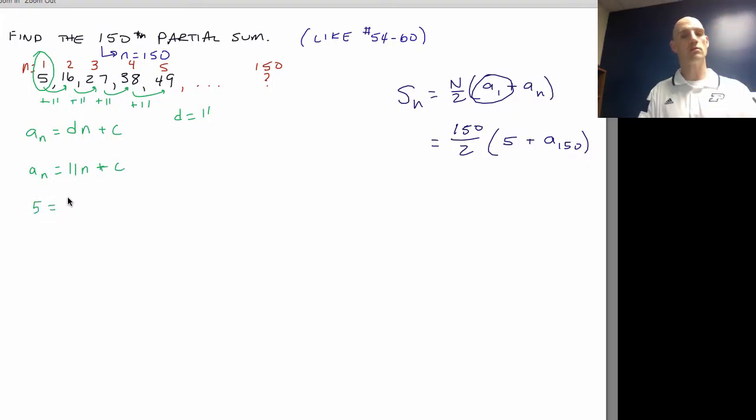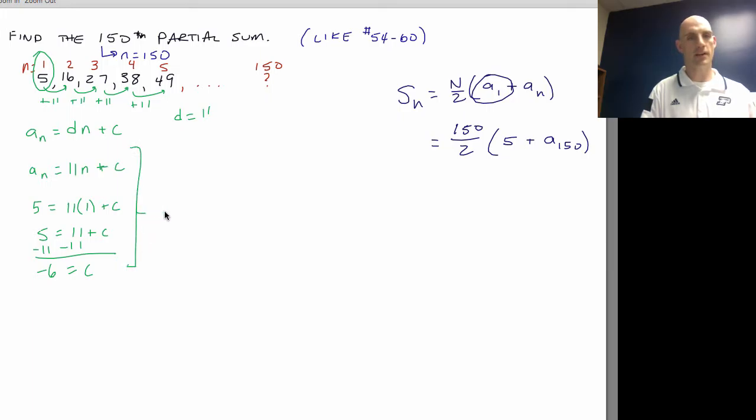And my term number is 1. And so 11 plus c equals 5. So if I subtract 11 from both sides, negative 6 equals c. Well, that means that if I take all this information together, a sub n equals 11n minus 6. Okay, so 11n minus 6.